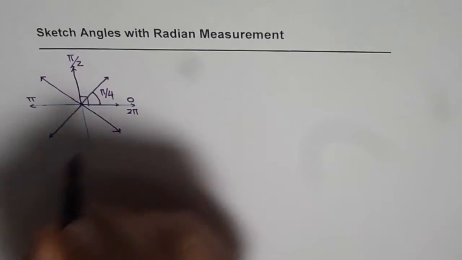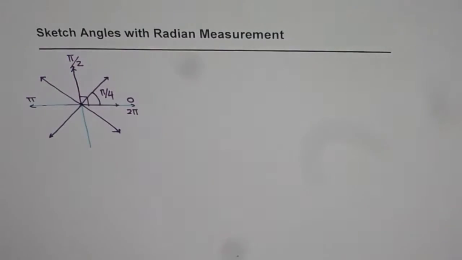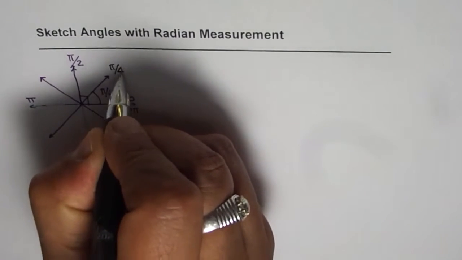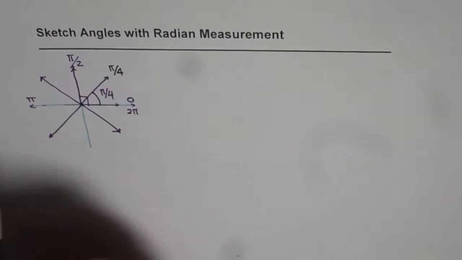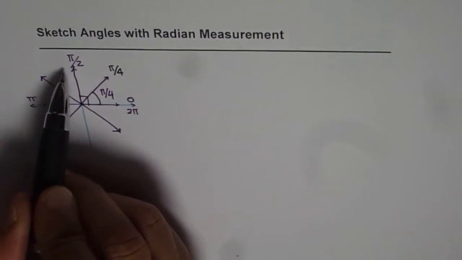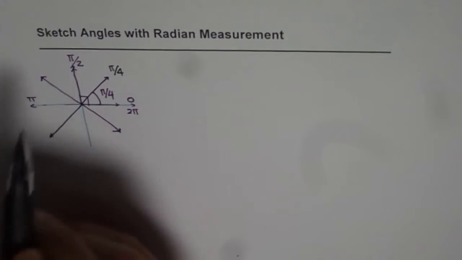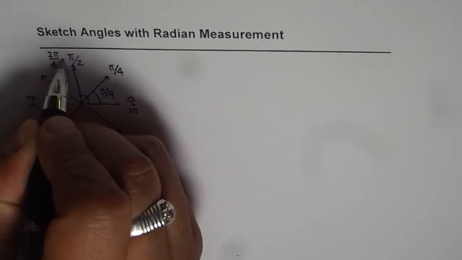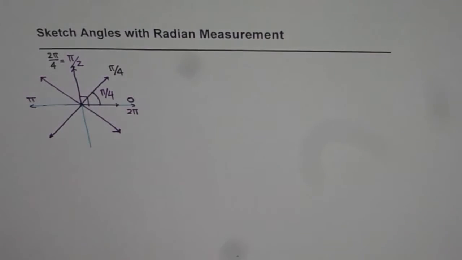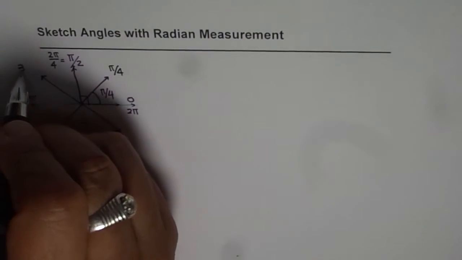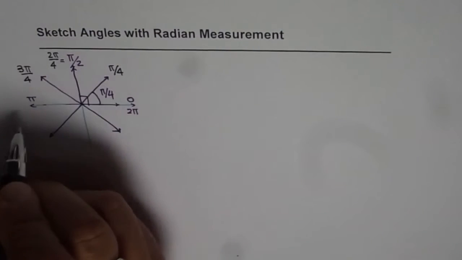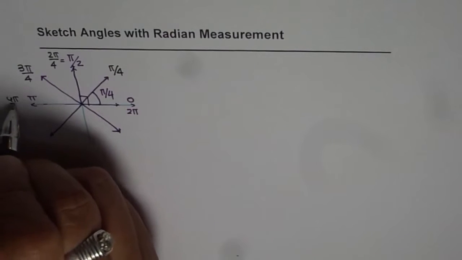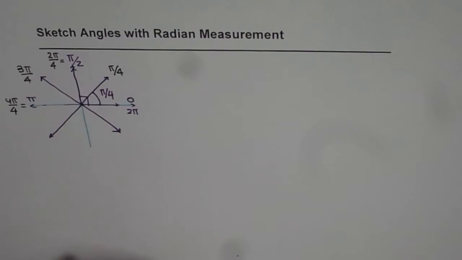So let me write now with a different color. This becomes pi by 4, 1 pi by 4, right? This is 2 pi by 4. 2 pi by 4 is same as pi by 2, right? Now that simplifies to pi by 2. This becomes 3 pi by 4, and this is 4 pi by 4, which equals pi.